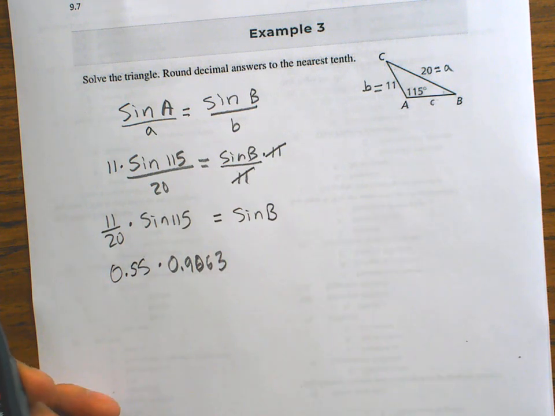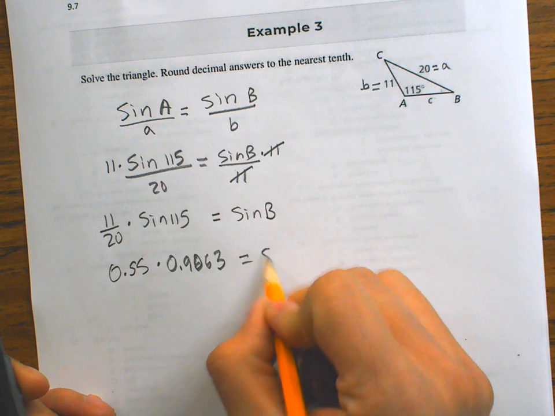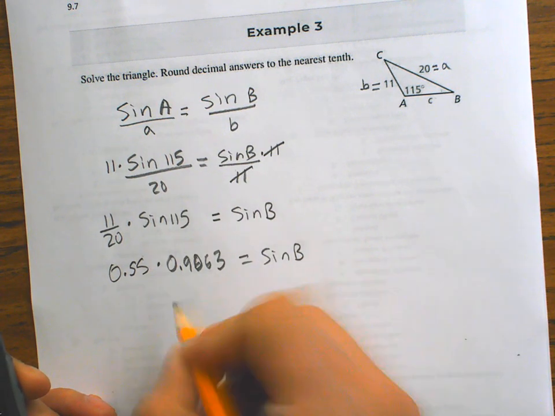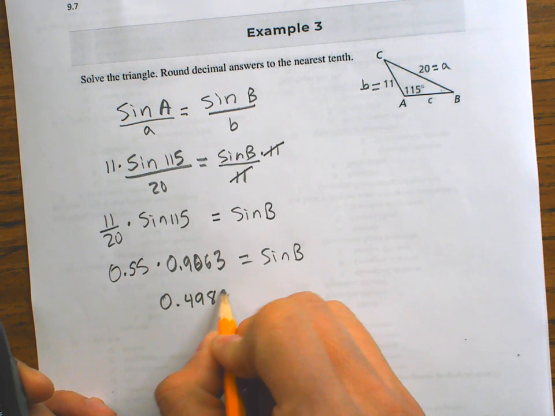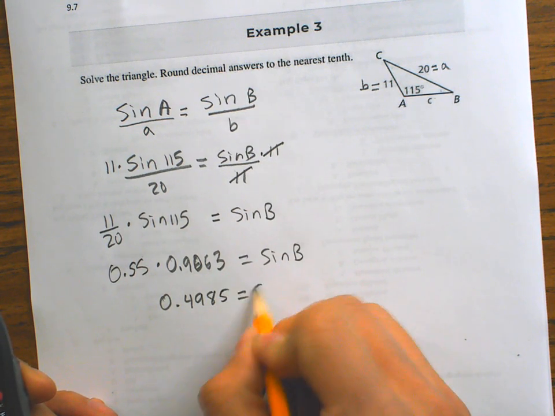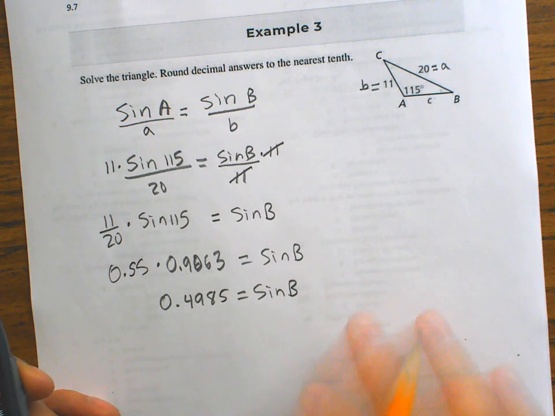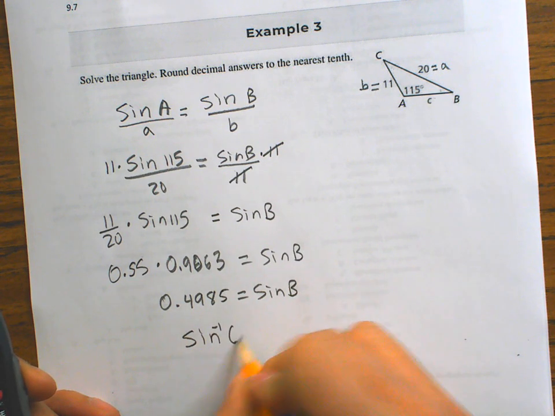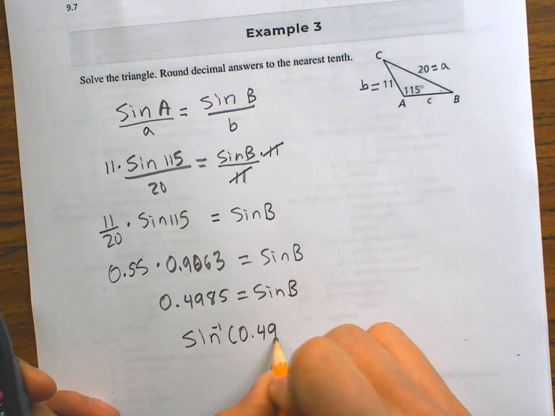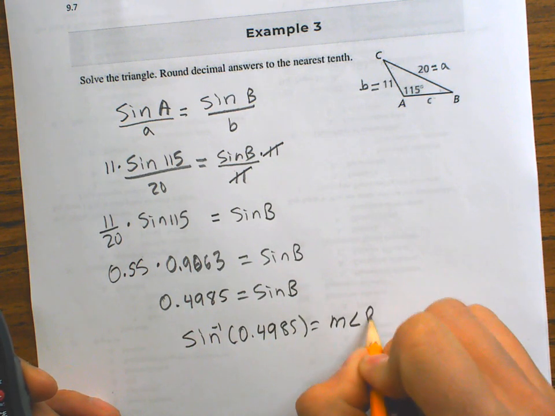When I multiply that, I get 0.4985, and that's equal to the sine of B. So my goal is to now find what angle B is. I'm going to do the inverse sine of 0.4985, and that's going to be equal to the measure of angle B.